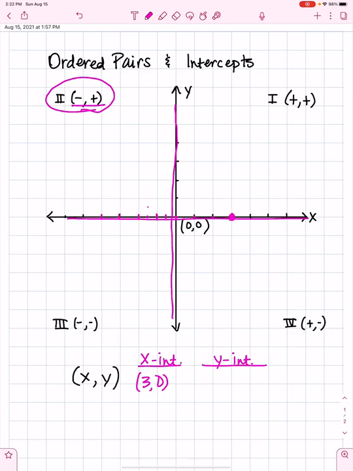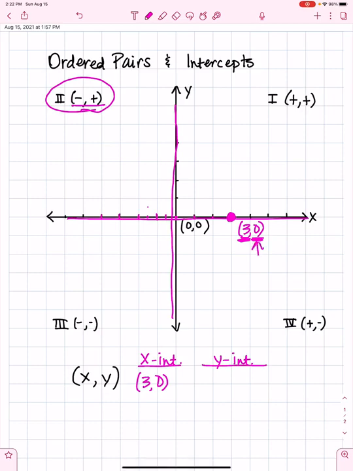Right there. Don't get all weird about it. It's still an ordered pair. It's an ordered pair at 3, 0. The fact that the y value is 0 indicates to you that the 3 is an x-intercept. Isn't that magical? Every time you have an x-intercept, you will have some value that occurs on the x-axis, and y will always be 0.